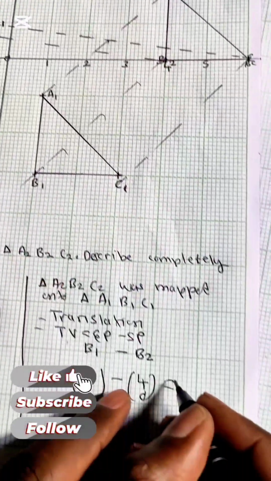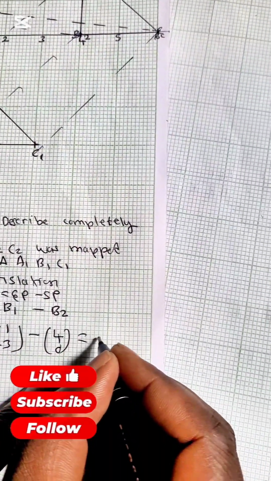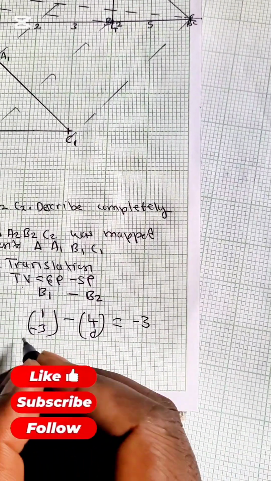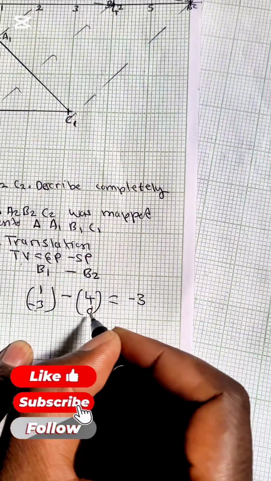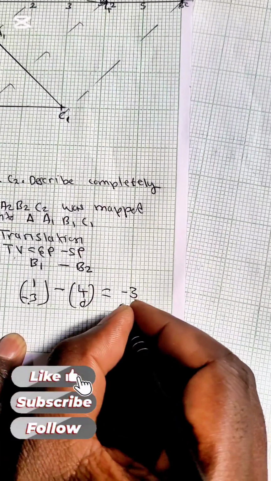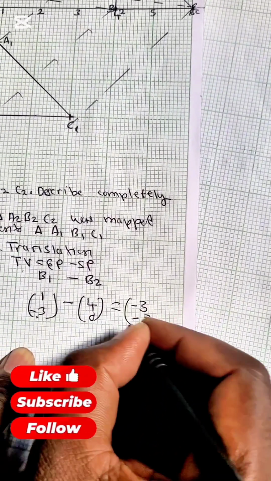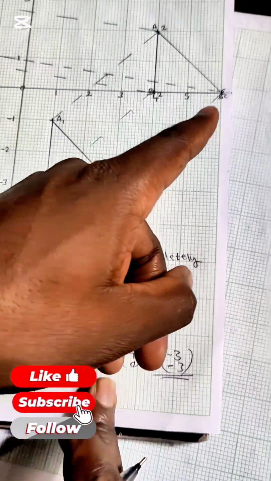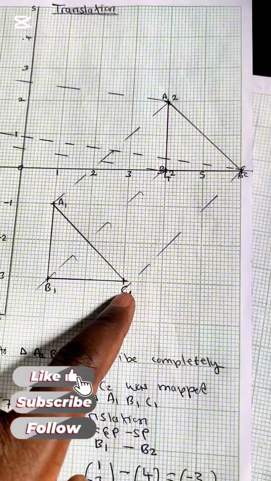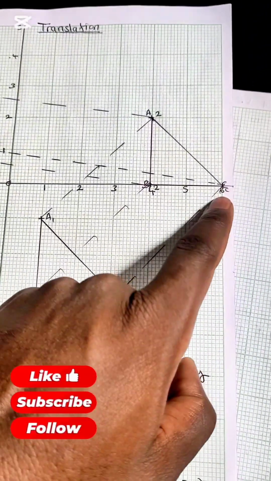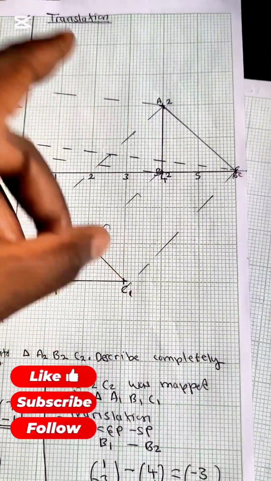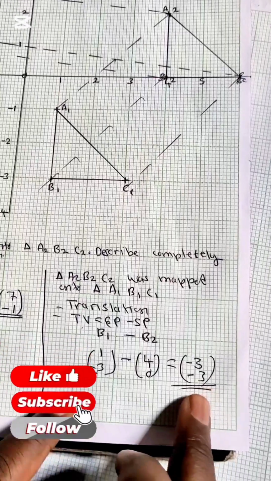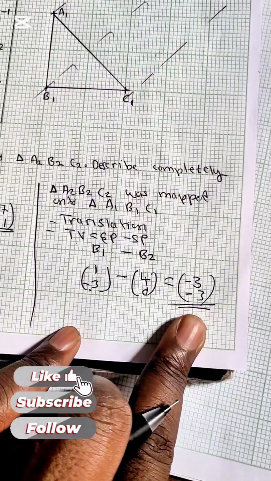So 1 minus 4, you get negative 3. Negative 3 minus 0, you get minus 3. That will be our translation vector. And if someone checks C1 minus C2 or A1 minus A2, we will still get the same translation vector.